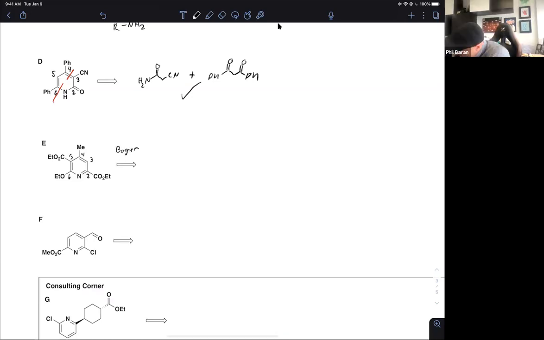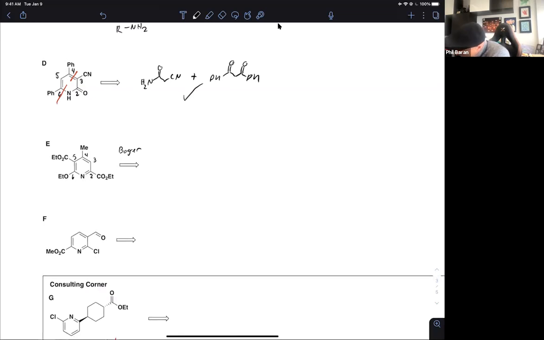Another great Boger synthesis, not the one that I showed you before, but rather the use of inverse electron demand Diels-Alder reactions of N-sulfonyl azadienes. These are really powerful. They're really easy to make. And it gives rise to the exact ethoxy group that you want.